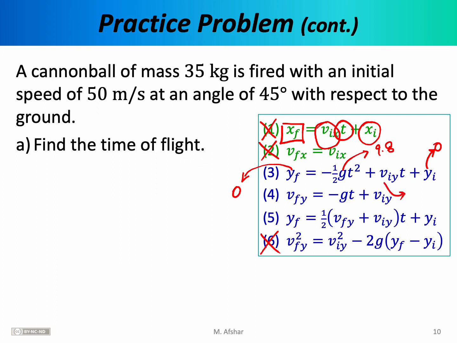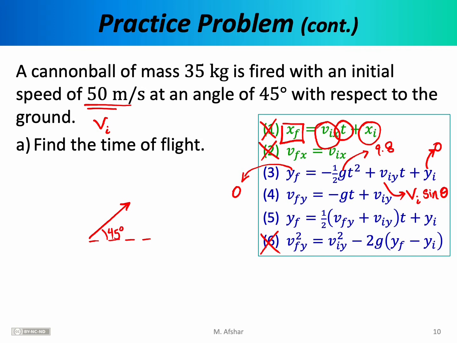In the y direction, we can say Viy is simply Vi times sine of theta. Remember, here we're talking about the y component of the velocity vector. The initial speed that is given to us here, 50 meters per second, is really v initial. It's the magnitude of the velocity vector initially, and this velocity vector initially points at 45 degrees.